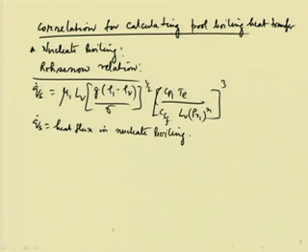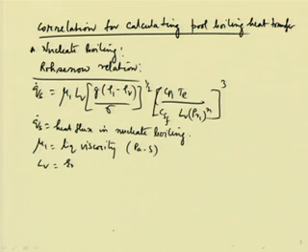Then we have mu L, liquid viscosity. L indicates liquid and its unit is Pascal second. Then L V is the latent heat of evaporation or enthalpy of evaporation. Its unit is joule per kg.